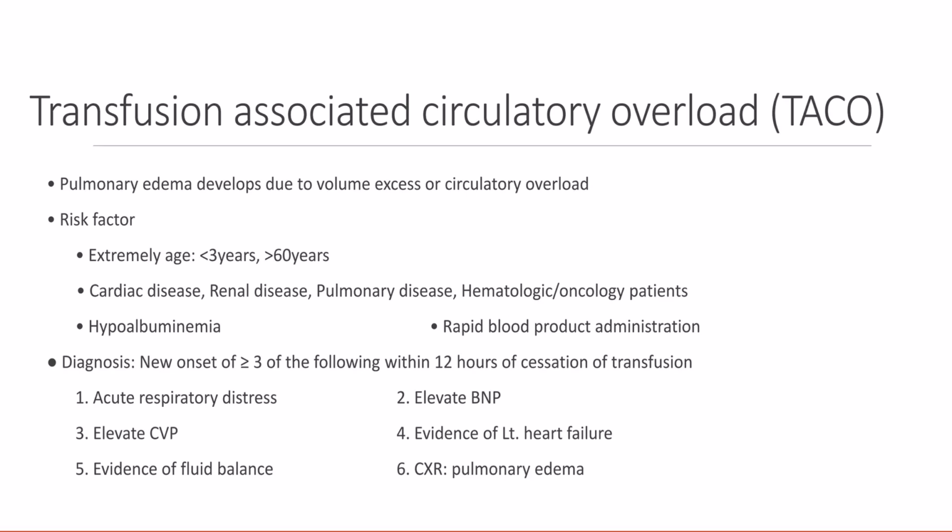For the diagnosis there should be three or more criteria within 12 hours of the cessation of the transfusion. It can be acute respiratory distress, elevated BNP, elevated CVP, evidence of left heart failure, evidence of positive fluid balance, and the chest x-ray showing pulmonary edema.